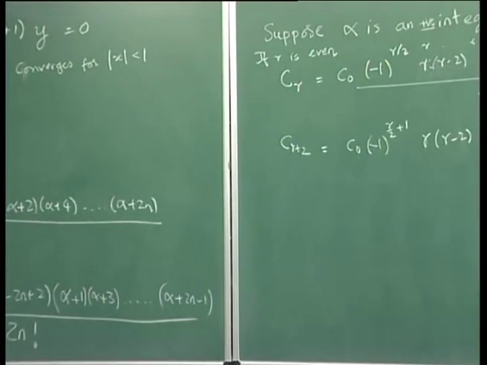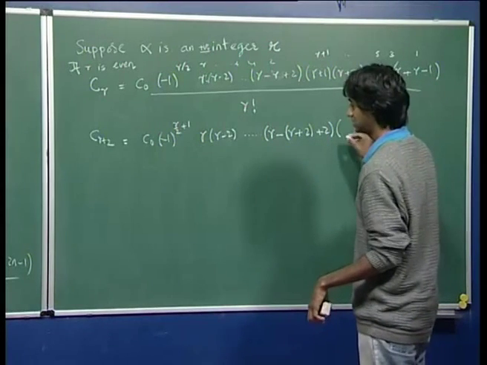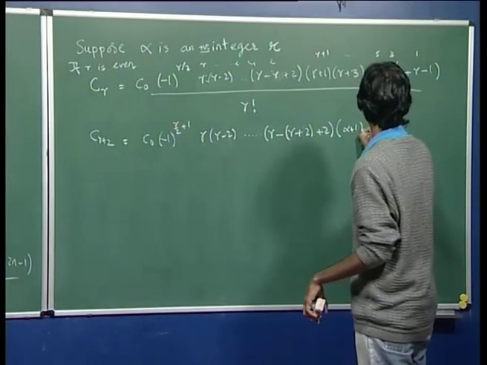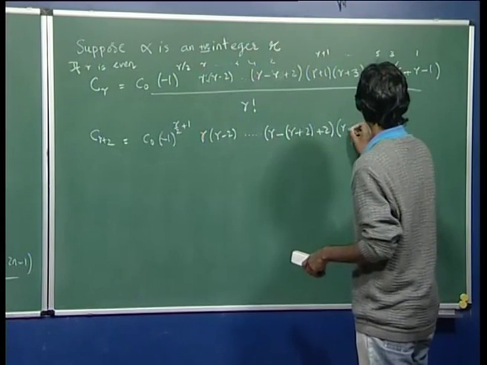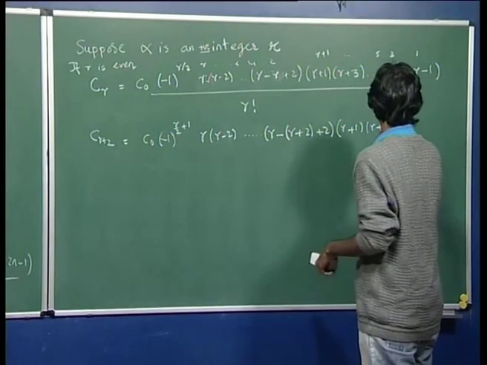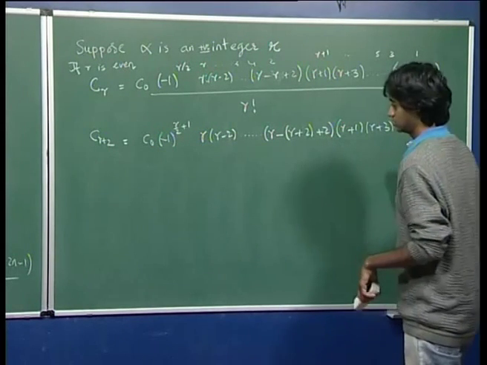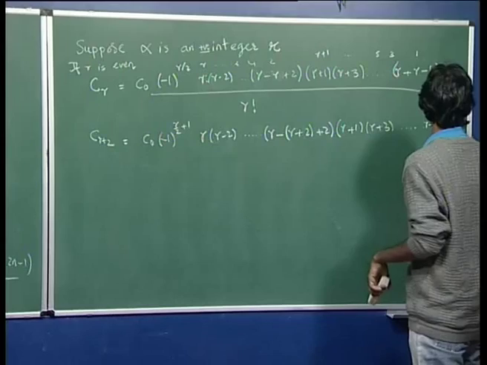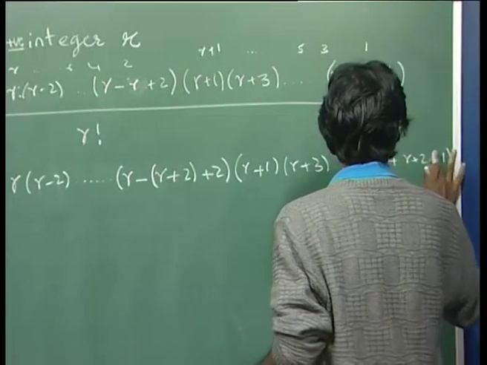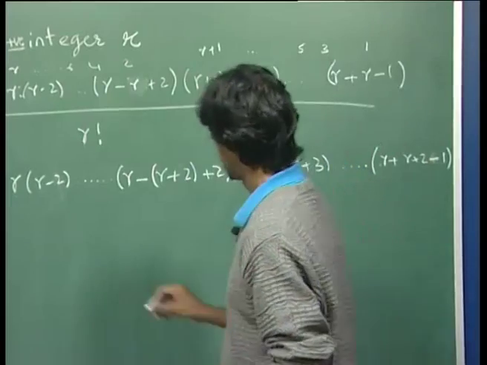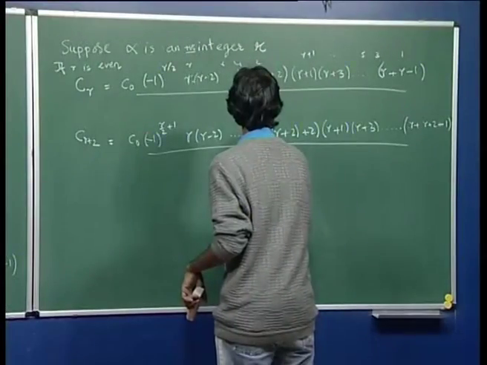So alpha minus r plus 2 plus 2, and then you have all the other terms like alpha plus 1, or alpha plus 1 is r plus 1, up to r plus 2 plus minus 1. This whole thing divided by r plus 2 factorial.